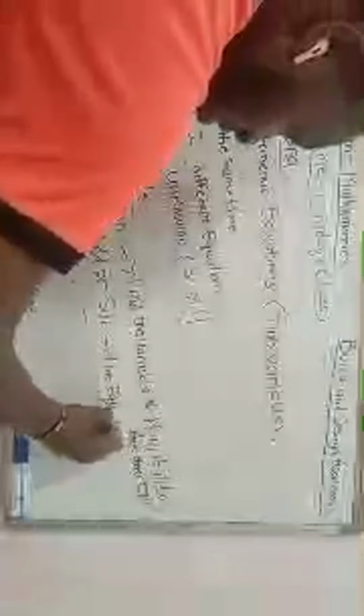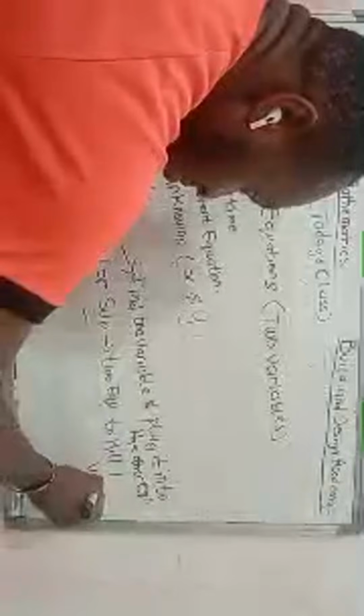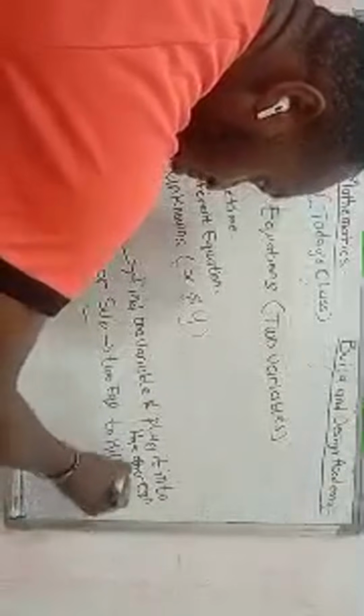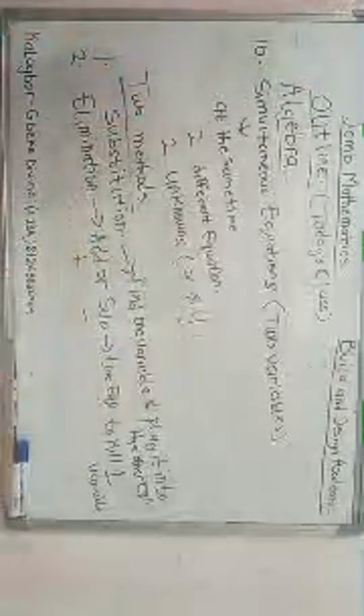Either you add or you subtract the 2 equations to kill one variable. You can either decide to kill x or you decide to kill y. So let's take an example. We'll take an example on each of them.